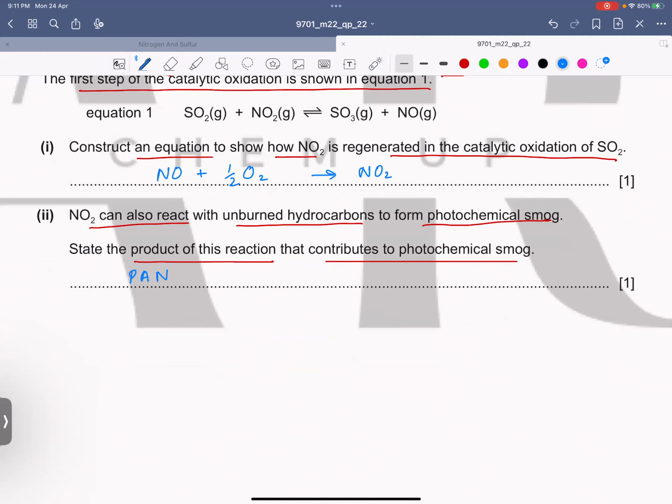Is this clear? Let me write it over here. It is peroxy.